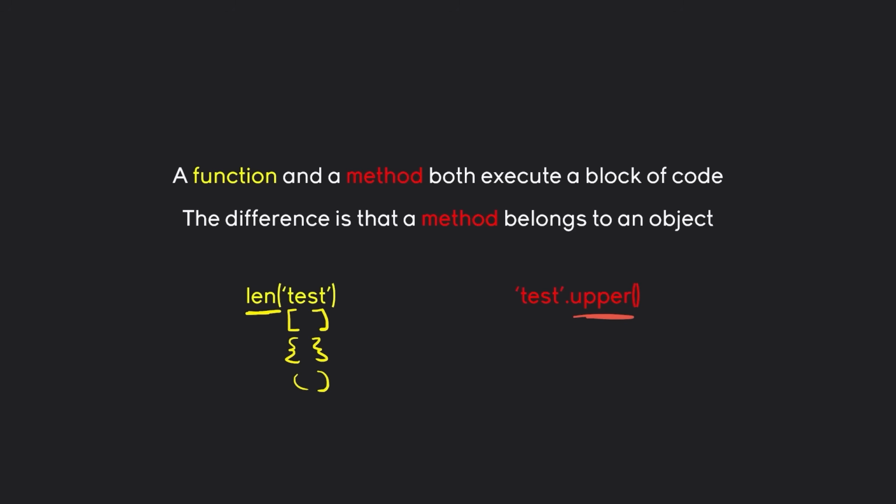Whereas upper only works for strings. You couldn't use upper with a list, that one would not work. So it makes sense in this case that upper only exists as a method for strings, whereas len should be a function, so you can pass in different kinds of objects in here and they would all work. You could perfectly fine create some kind of len method for test and it would work just fine.